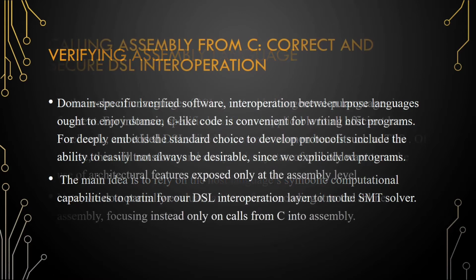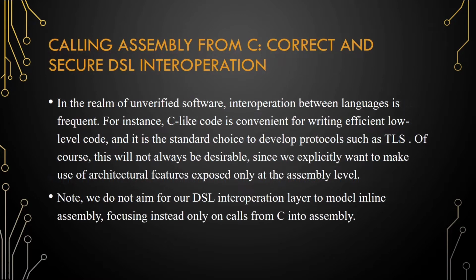Next, calling assembly from C, correct and secure DSL interoperation. In the realm of unverified software, interoperation between languages is frequent. For instance, C-like code is convenient for writing efficient low-level code, and it is the standard choice to develop protocols such as TLS.